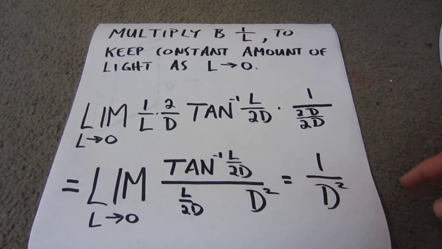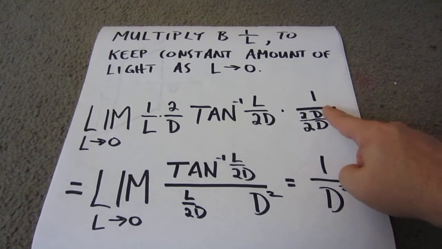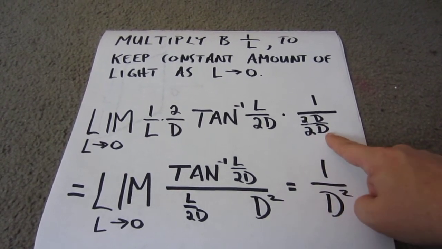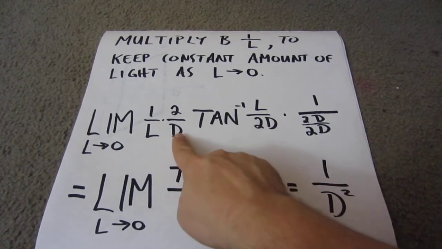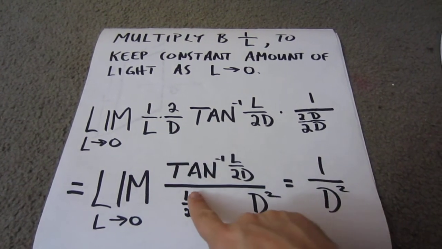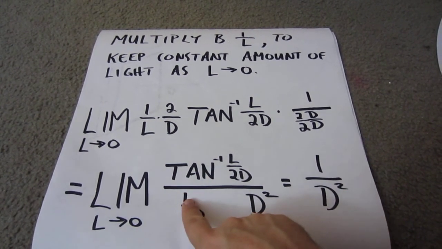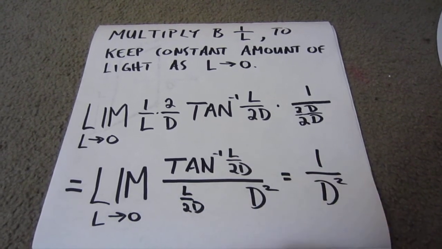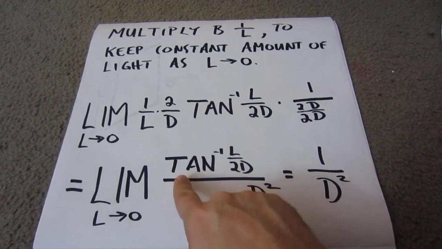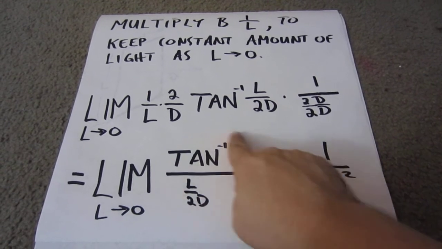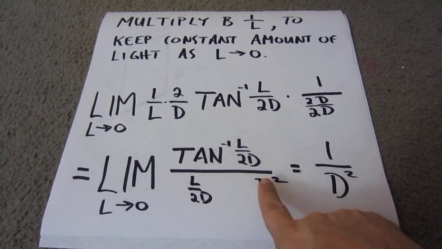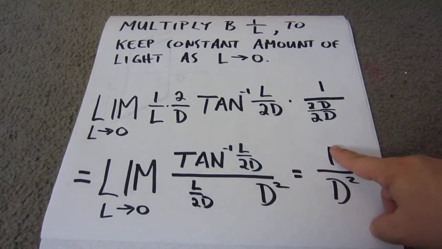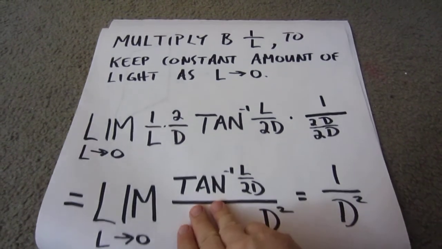The d goes with that L to make the denominator here be the same as the argument there, so that we've got this part being the form that goes to 1, and then what's left is d squared. There is your inverse square law.